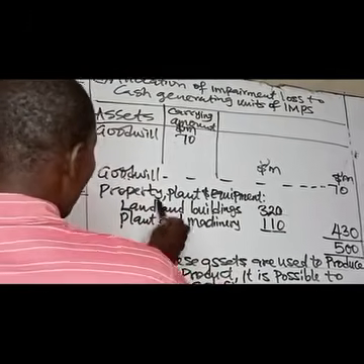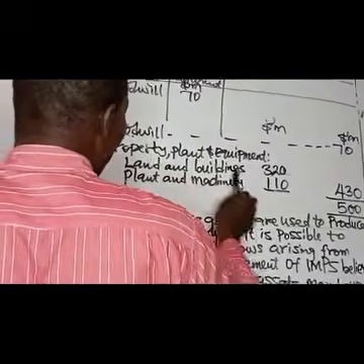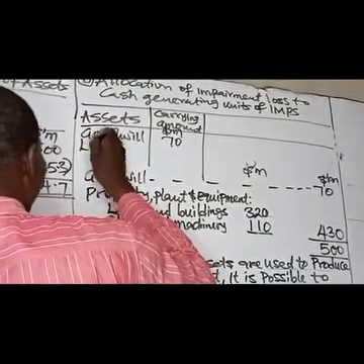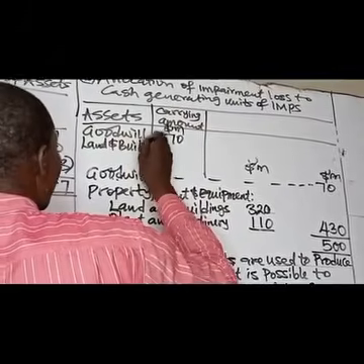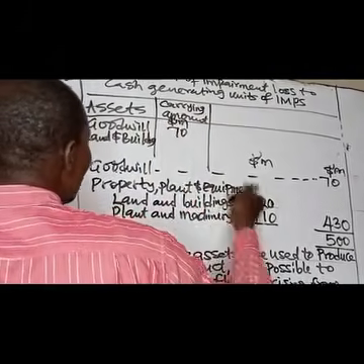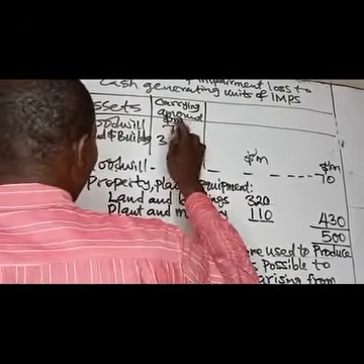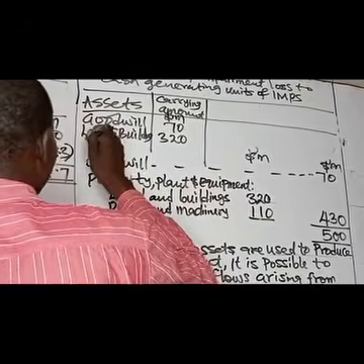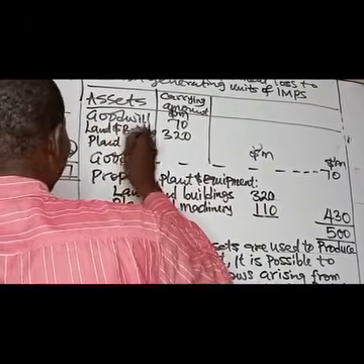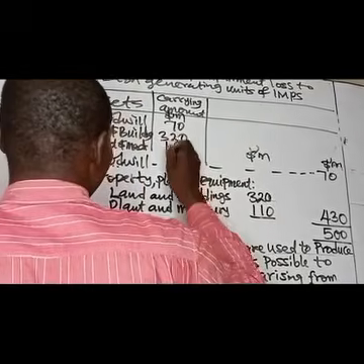Then we have property, plant and equipment, which comprises land and buildings of 320. Then plant and machinery of 110.